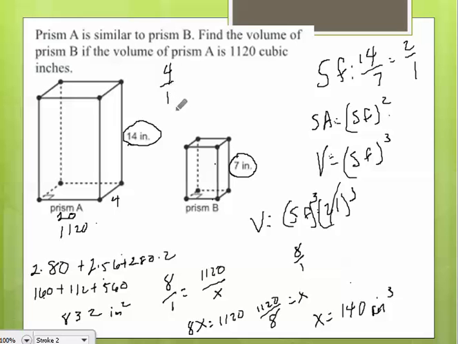That's the surface area ratio, which will be equal to 832 over x. So you just multiply, using your means and extremes. 4x equals 832. Divide by 4. X is going to be equal to 208.